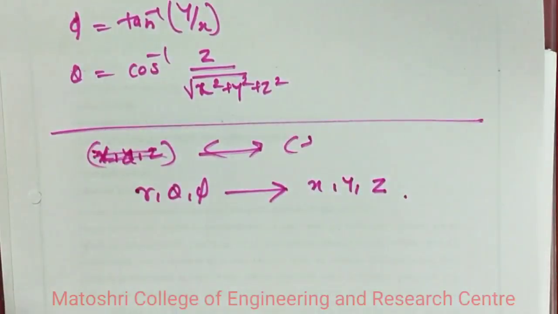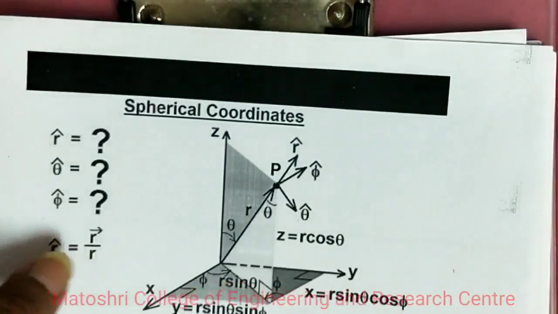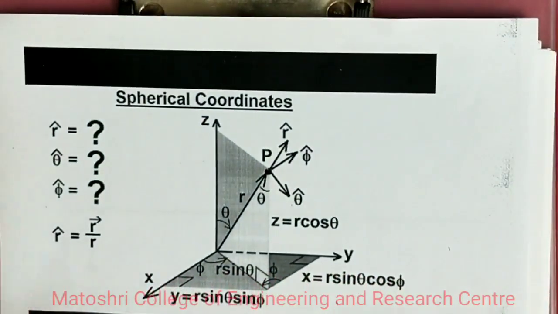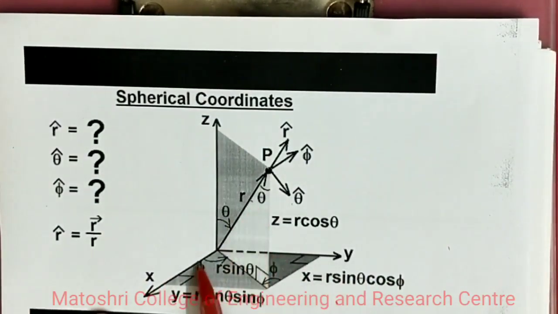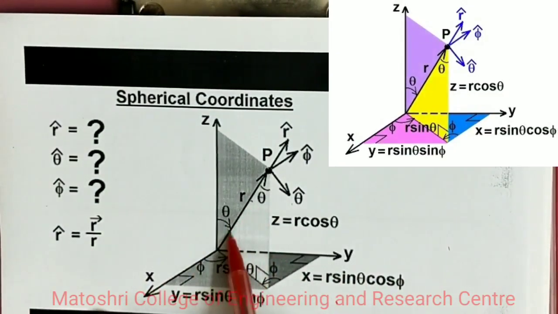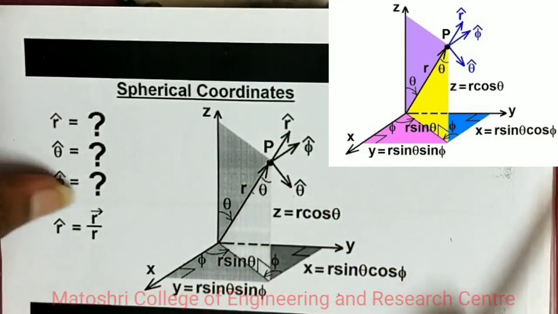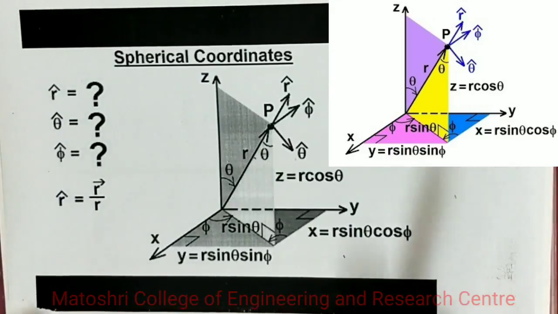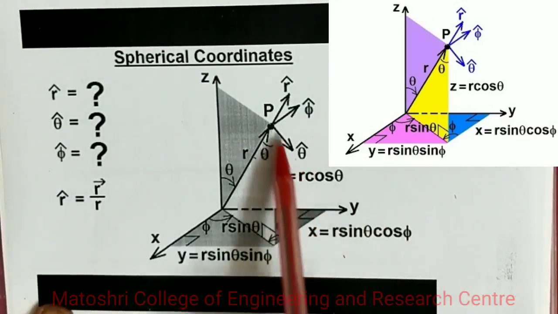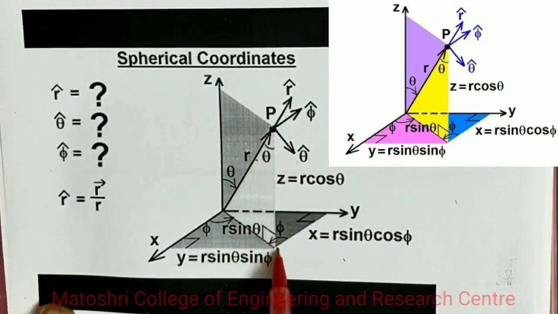For this case, we will again go through one already available figure. From this figure we can see this is the radius, angle phi, and this one is angle theta. The same point, if expressed in terms of the Cartesian coordinate system, has this as the height, that is nothing but z.